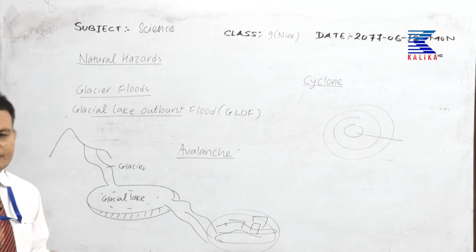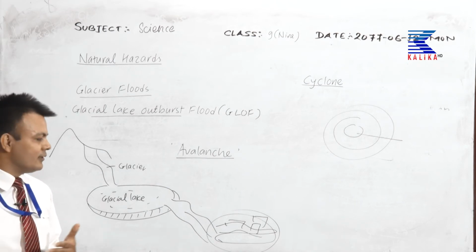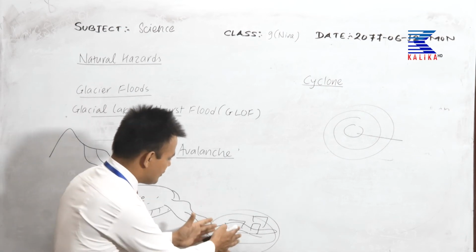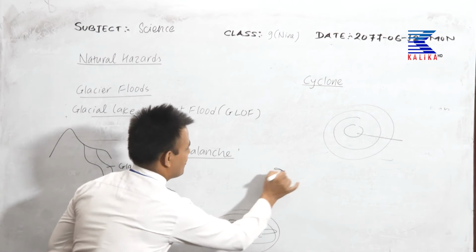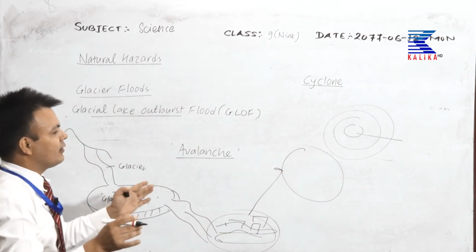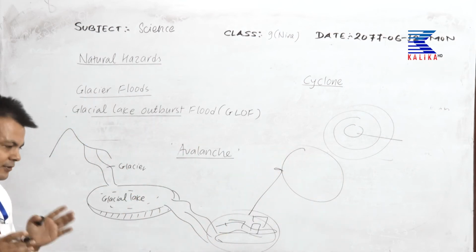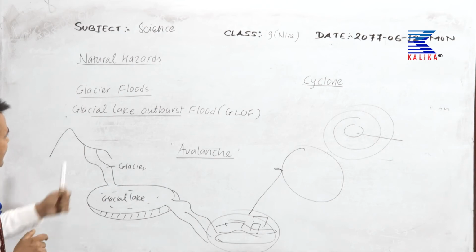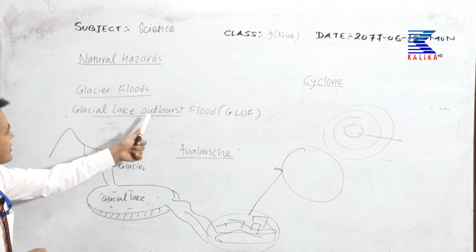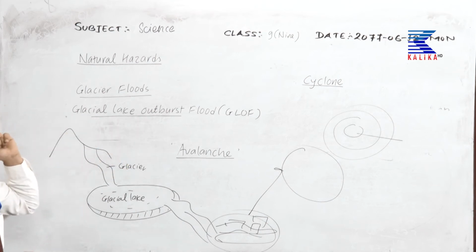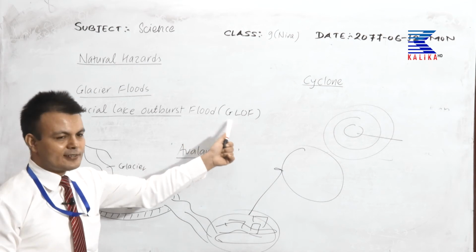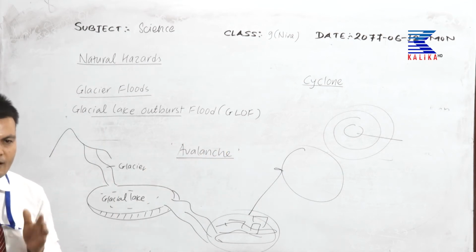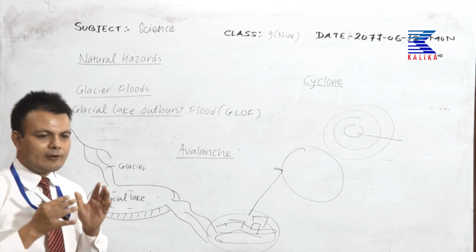We need to trace them out, and if there is some sort of human settlement down there, we need to shift that human settlement to a safe place. That's the government's responsibility. Because of the outburst of a glacial lake, there can be a massive flood. This is called glacial lake outburst flood, GLOF.